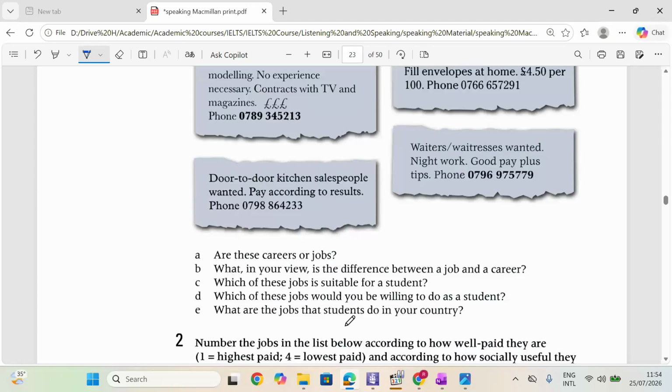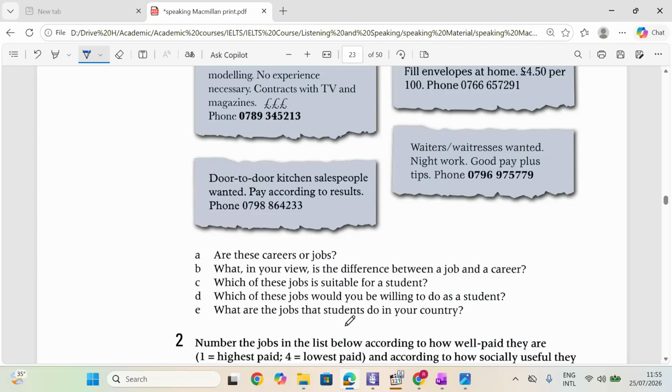Okay, so the third one, I think working as a waiter or a waitress is the most suitable job for a student because it offers flexible working hours, especially in the evenings or on weekends. And I'd be willing to work as a waitress because it would help me improve my communication skills, gain work experience and earn some extra money.